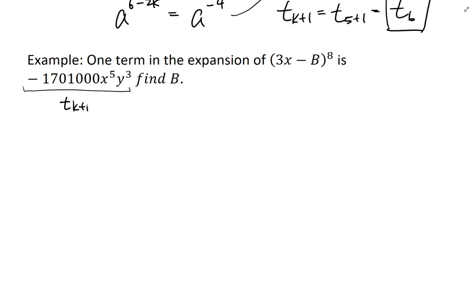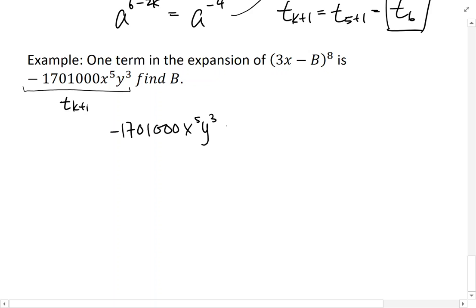So let's just piece it together. We have our some term, and it's going to equal, well, we do know it's degree 8, so it's 8c. And now we need to figure out which term it is.